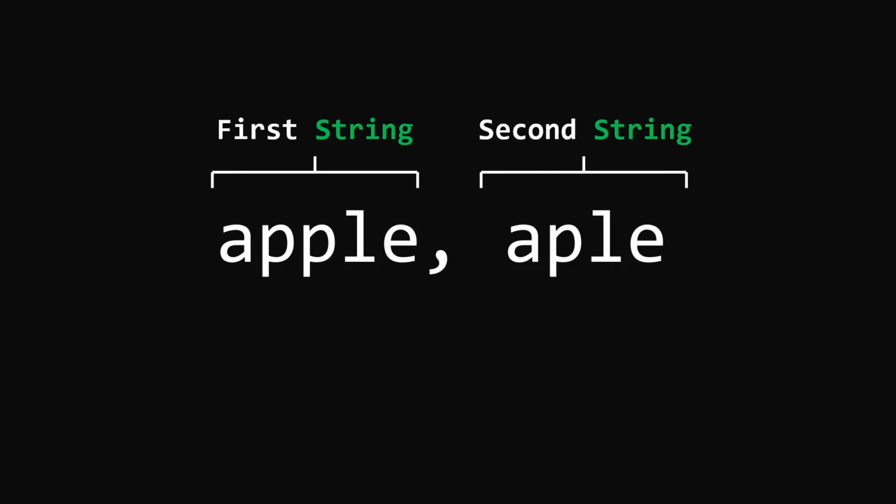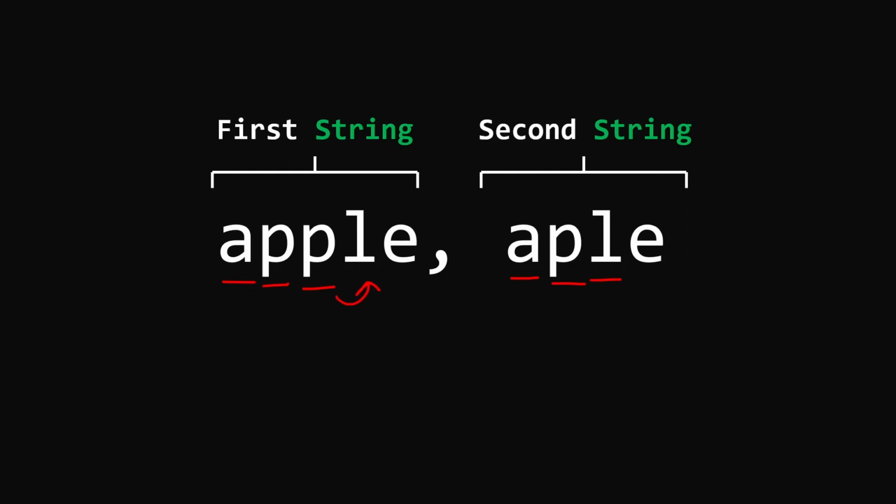All right, so let's just go through this. We have another for loop, or you can have a while loop, and go through the first iteration, A and A, they're equal to each other. P and P, they're equal to each other. And then we have P and L, not equal to each other. So then what we would do is, if these are not equal to each other, now we just want to move the first string.